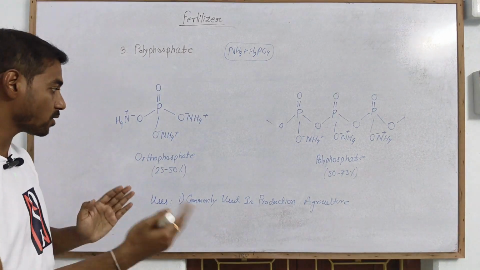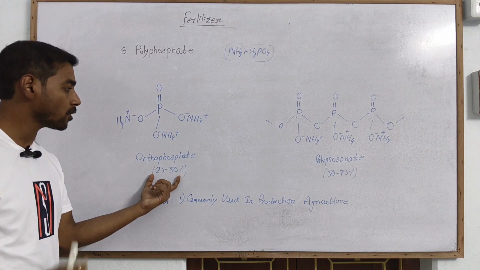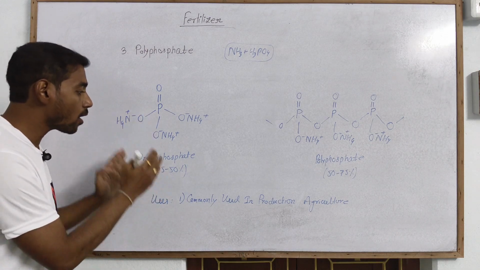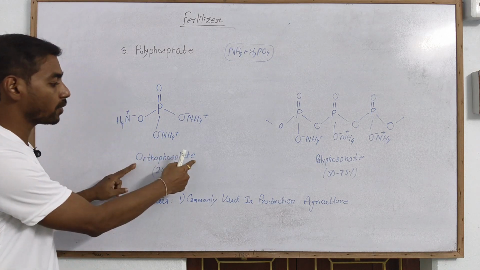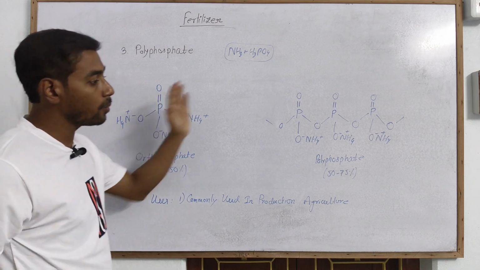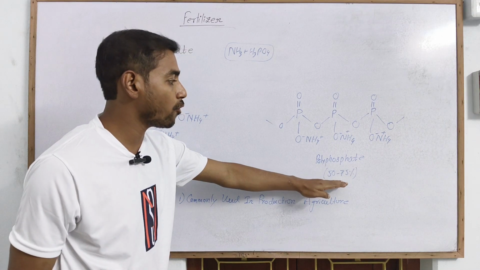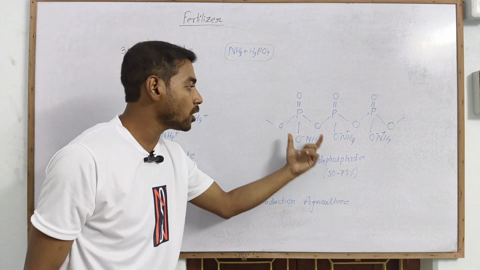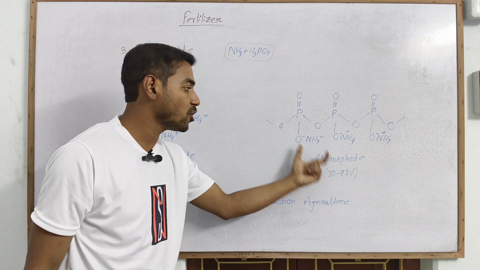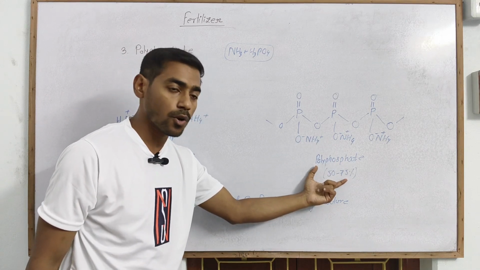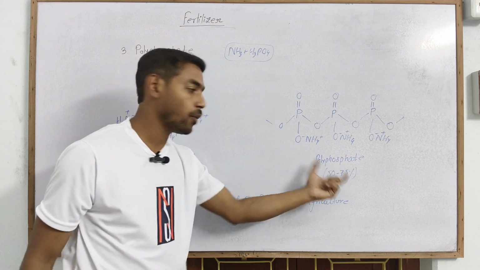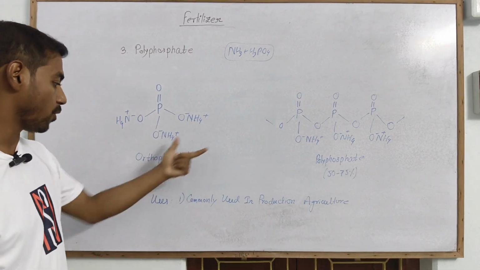I am summarizing once again: 25 to 50% phosphorus is readily available for plant uptake. Why? Because it is present in the simple form, that is the orthophosphate form. But the remaining 50 to 75% of the phosphorus is not in the simple form, it is a different form of phosphorus. So therefore it must be broken by the enzymes or the organisms present in the soil to make it available for plant uptake. Okay, so this is the basic difference between these two.